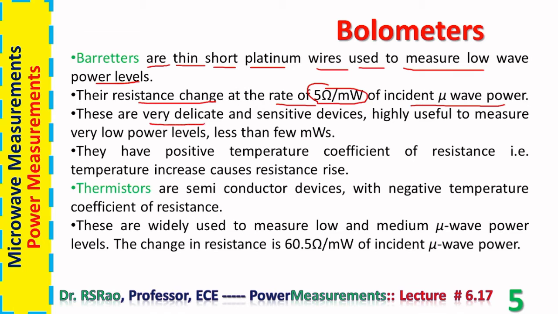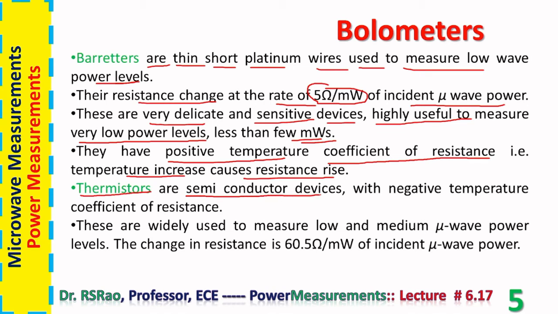These are very delicate and sensitive devices, highly useful to measure very low power levels, less than a few milliwatts. They have a positive temperature coefficient of resistance. It means a temperature increase causes a resistance rise. Another type of bolometers is thermistors.